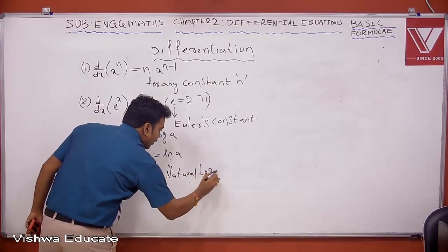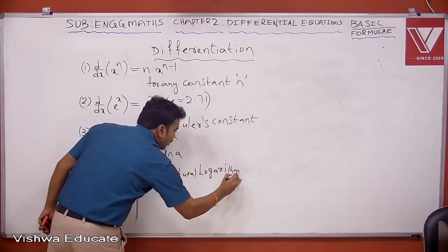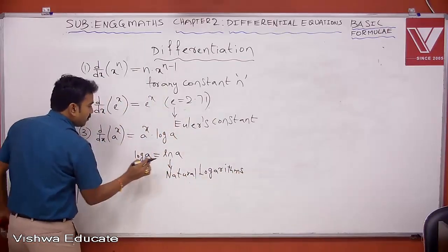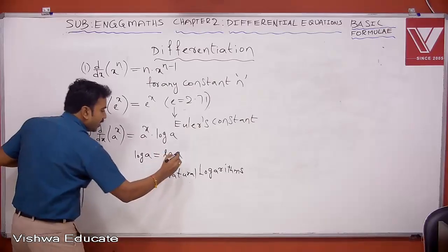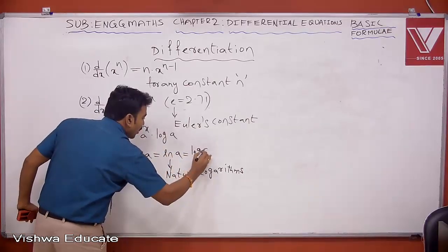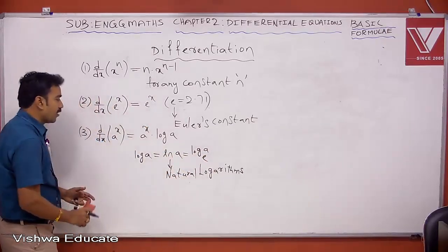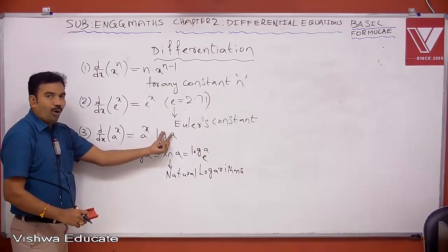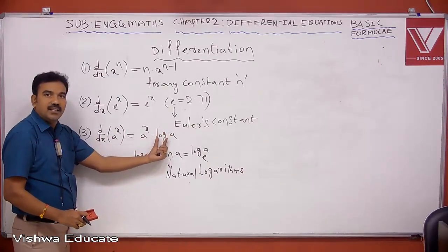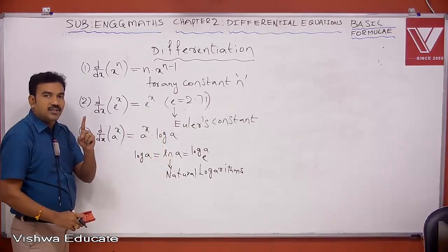Natural logarithms are nothing but logs with base value e. So log a is the same as ln a, which is nothing but log a to the base e. So replace a by e. We get e power x into log e, log e to the base e. Log e to the base e is 1.